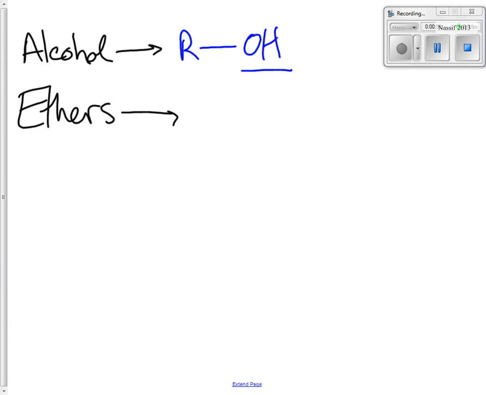Well, ethers have the R group on one side of the O, except on the other side of the O, there is no hydrogen. It's just another R group, another carbon chain. Notice the difference between these two groups. Alcohols can hydrogen bond because there's an OH directly bound, and we'll get to that soon. But ethers cannot hydrogen bond, meaning that they will have low boiling points, which we'll also get into later.